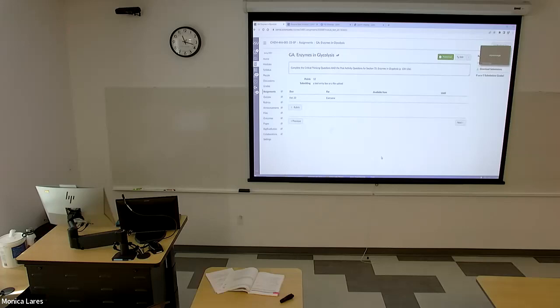Does anyone want to write their curves for number 2 on the whiteboard, maybe over here on the side? Anyone want to do that? So competitive would be, but something else combined with.